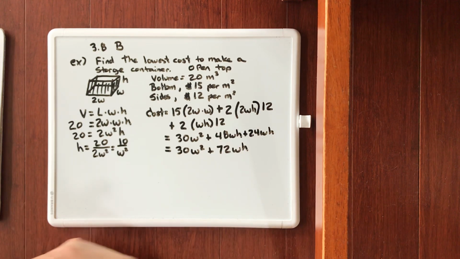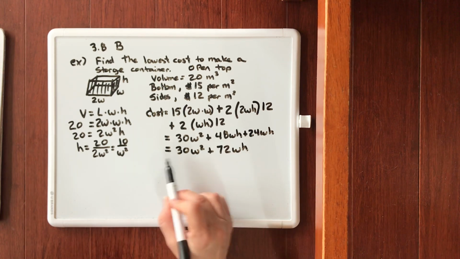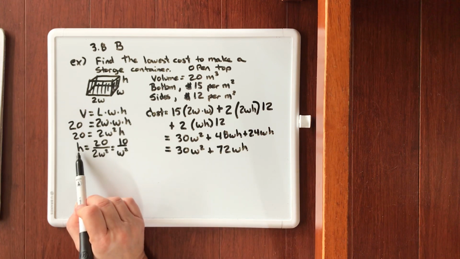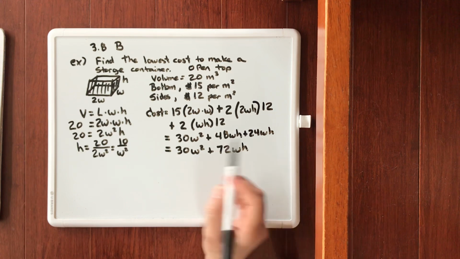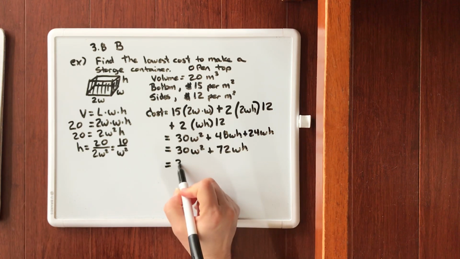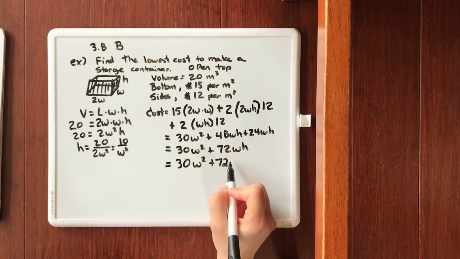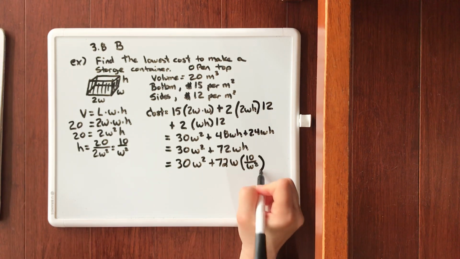Now, we can't do anything because we've got W's and H's. We've got to make them all W's or all H's. Well, over here, we solved using the volume. H is 10 over W squared. So let's put that in here. 30 W squared plus 72 times W times 10 over W squared.